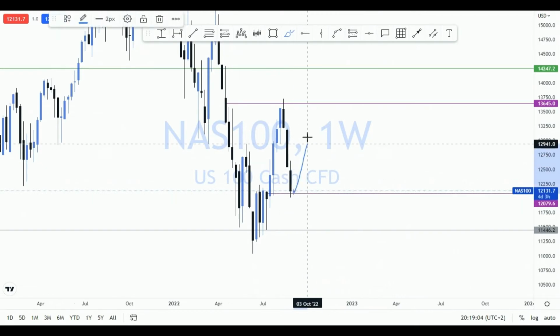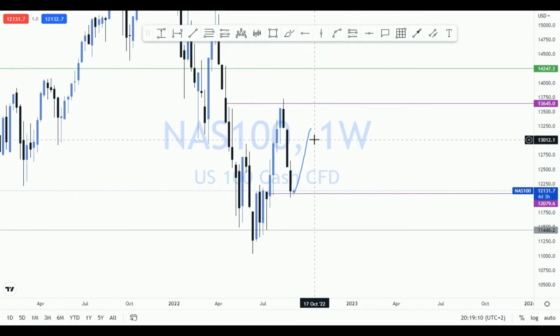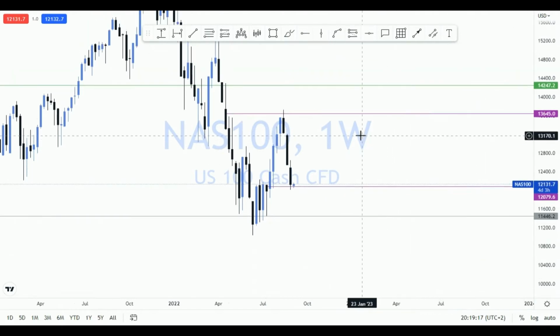Are we going to get a bit of a retrace up to this level right here before we continue with our bearish move to the downside? Or are we just simply going to continue pushing to the upside, right?